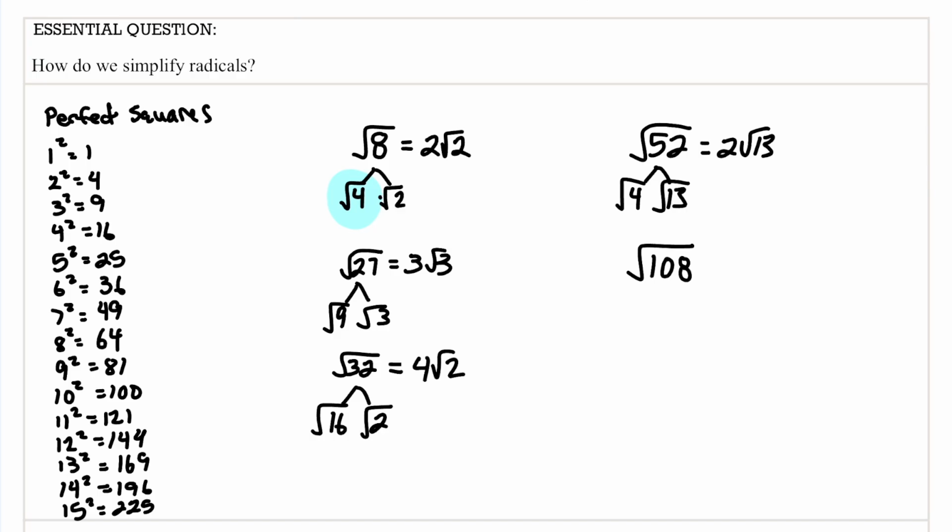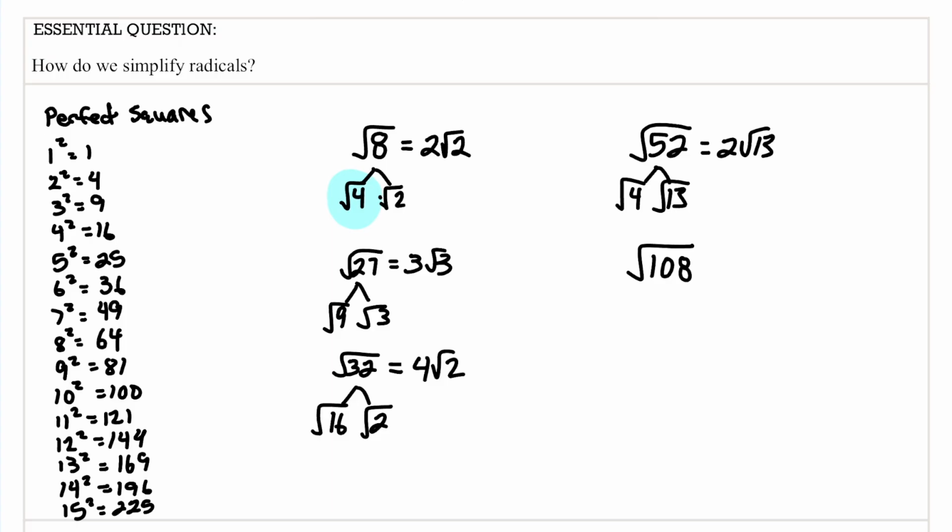What about 108? 108 is an interesting one because 108 is divisible by 9, but that's going to leave us with a radical that could still be reduced. So we want to make sure we're dividing by the largest number from our perfect square list that divides 108.